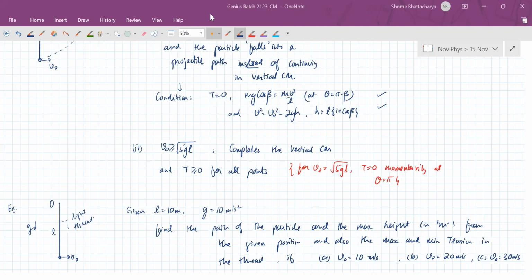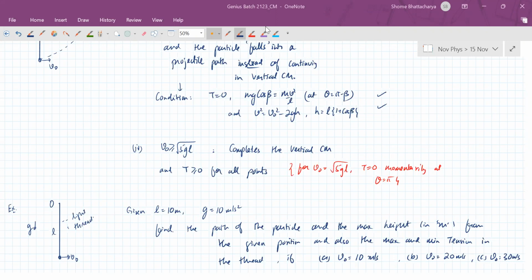So how will you find the position where that happens, the theta max? You have to find the condition for tension to become 0, not V equal to 0, but for the tension to become 0. So just refer to this condition that I've written above, the two tick marks. At the position where tension becomes 0, mg cos beta, where beta is pi minus theta, should become equal to mv square by L, and V will come from work energy.